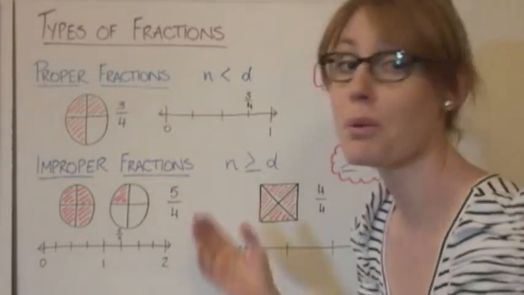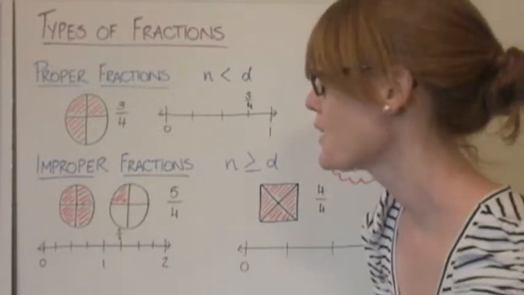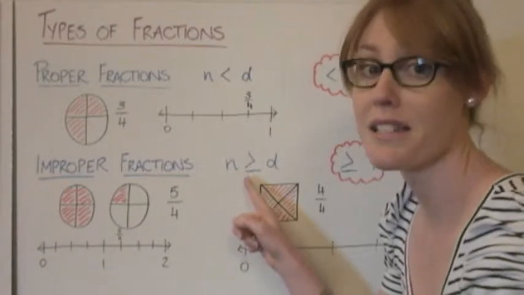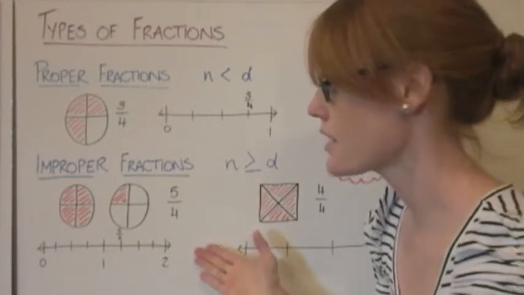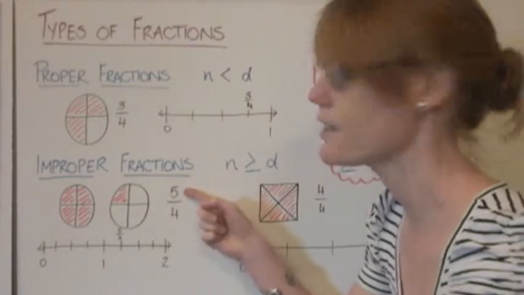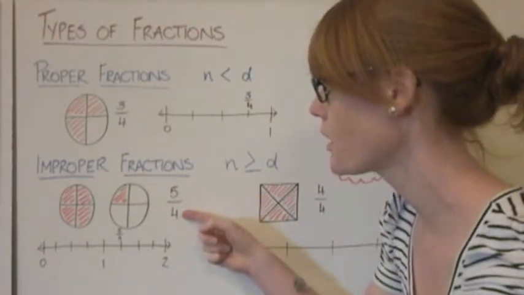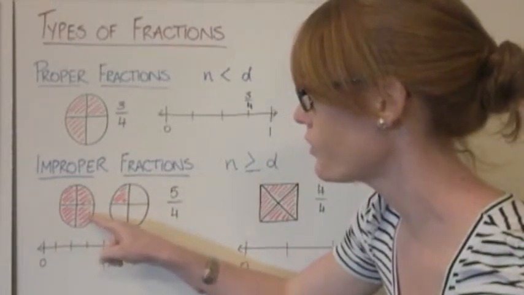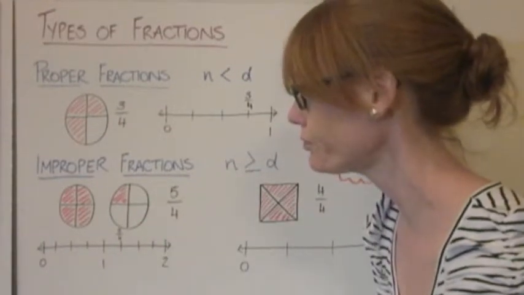Improper fractions are fractions that are not proper. So these fractions have the numerator that is greater than or equal to the denominator. In this example here, the numerator is greater than the denominator, 5/4. So we have 1, 2, 3, 4, 5/4 shown on our model.